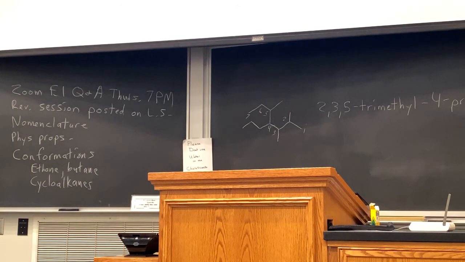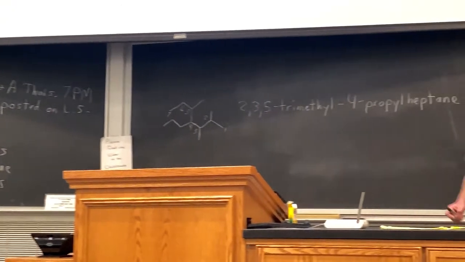So today we're going to finish our discussion of nomenclature, talk briefly about the physical properties of alkanes, and then talk about conformations, or the 3-dimensional shapes of alkanes, spending most of our time with simple acyclic alkanes, ethane and butane, and then introducing cycloalkanes at the end of class.